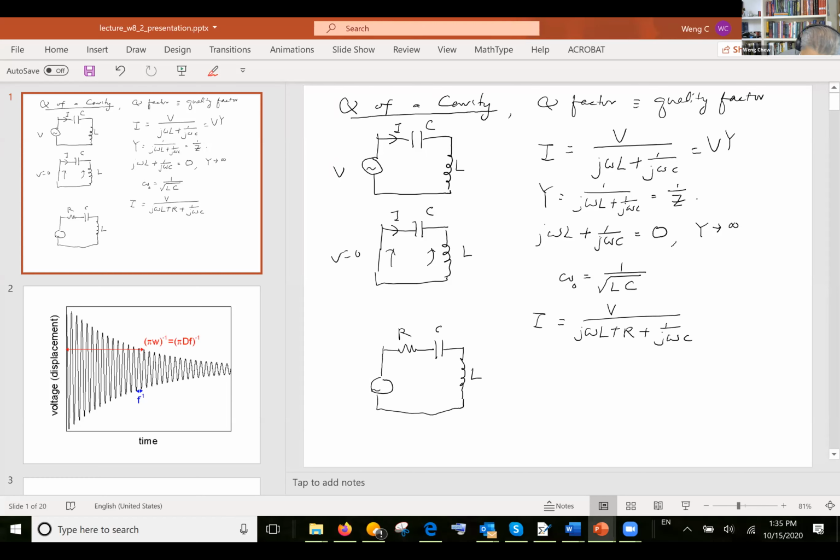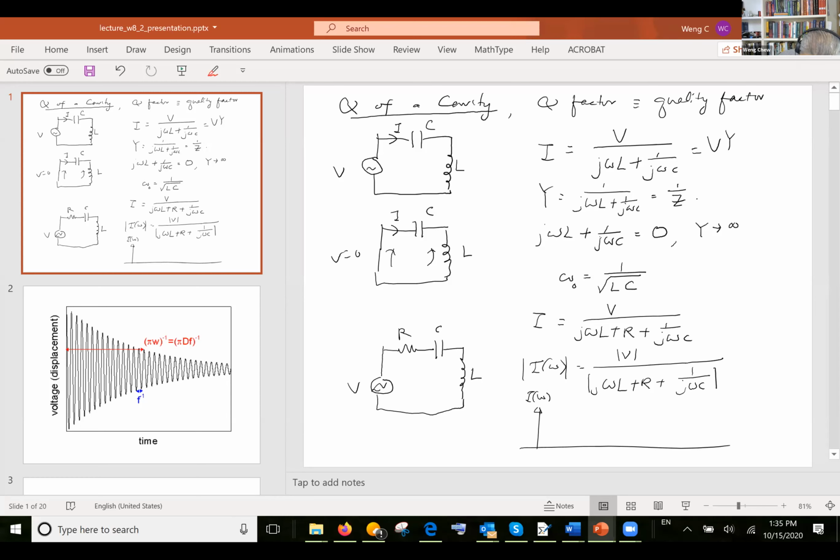So if you were to plot I as a function of omega, assuming the voltage is a constant, that function would never go to 0. And if you plot I of omega, it will look something like this. Okay, if R is small, the place where this function peaks is when omega equals omega naught.